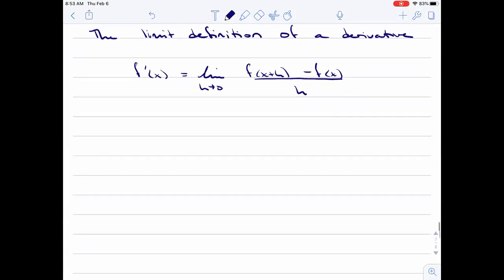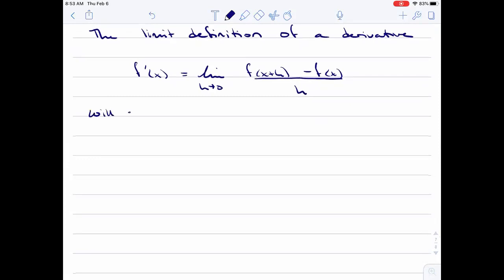So we'll always work to find the derivative this way.